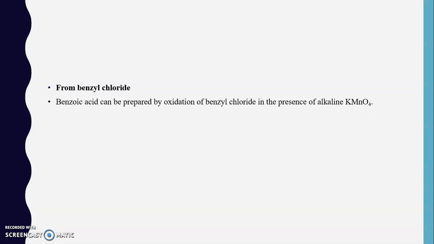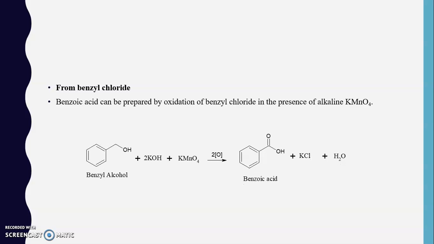Now benzoic acid can be prepared by oxidation of benzyl chloride in the presence of alkaline potassium permanganate. Means this method is also quite similar to the earlier one, only we have to use benzyl chloride instead of the benzyl alcohol. You can make a correction over here. Instead of this OH you have to write down the Cl, because here we are going to use the benzyl chloride. So this is the mistake over here.